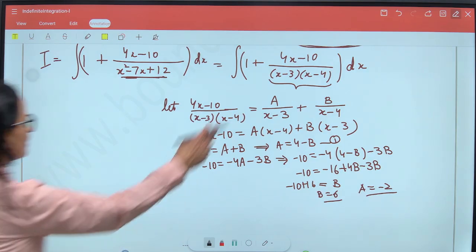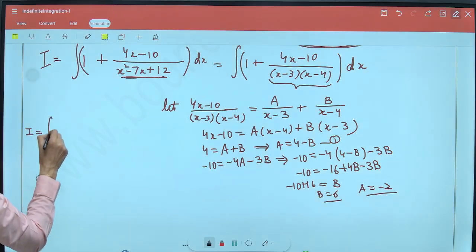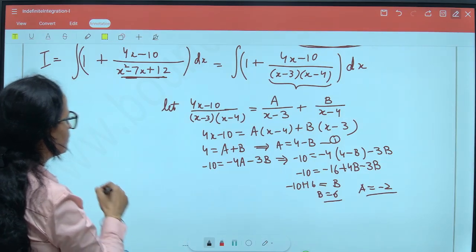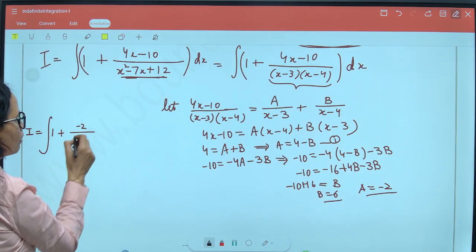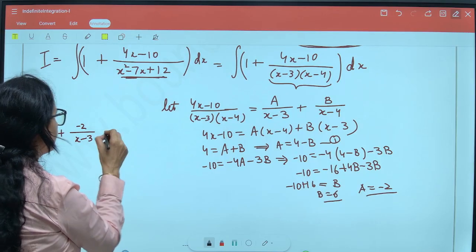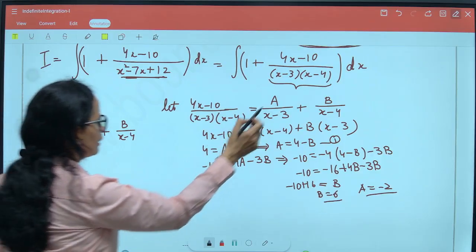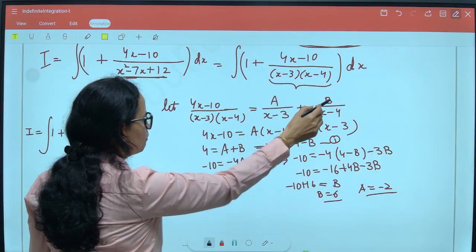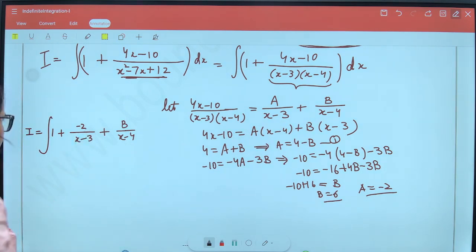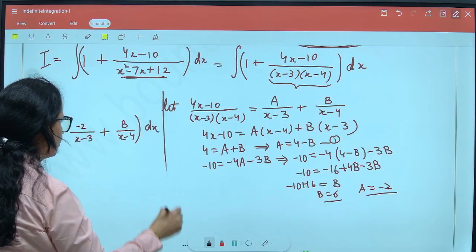So now the entire integrand can be written as integral of 1 plus, broken into partial fractions, a is minus 2 upon x minus 3 and b upon x minus 4. Now be very careful that you are writing a with the correct denominator, b with the correct denominator when you are putting the values of the constants back, right? The entire expression has to be in the brackets and put a dx also.